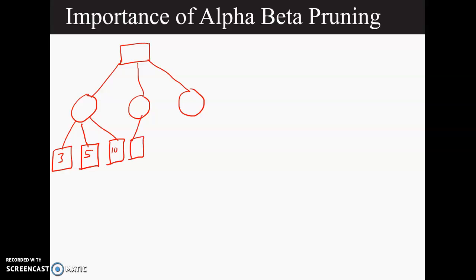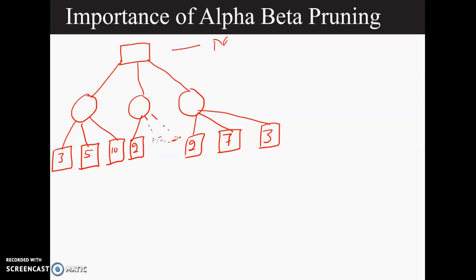Now this one is 2, and there is no value given here, and there is no value given here, and here you have 2 at terminal node, 7 and 3. This is where you want to find out the maximum value, because you are applying minimax search, and here you will find out the minimum value.